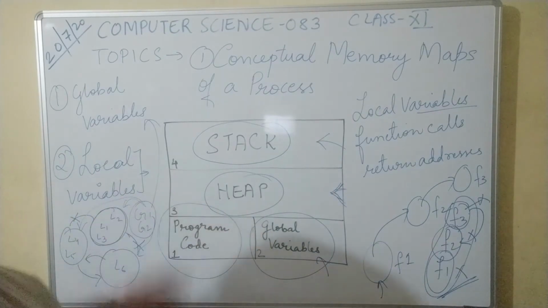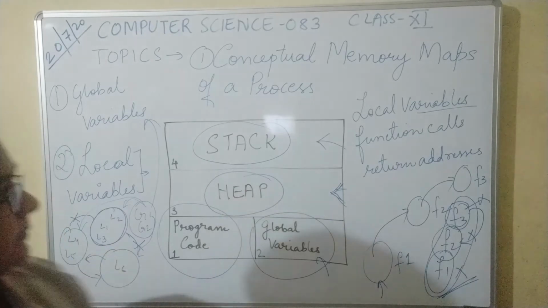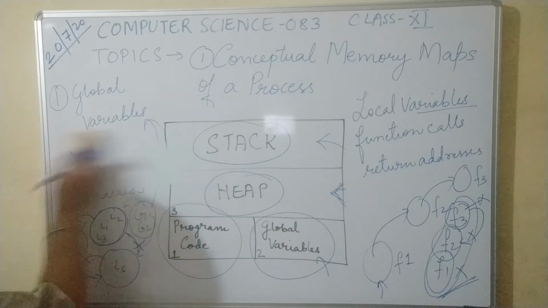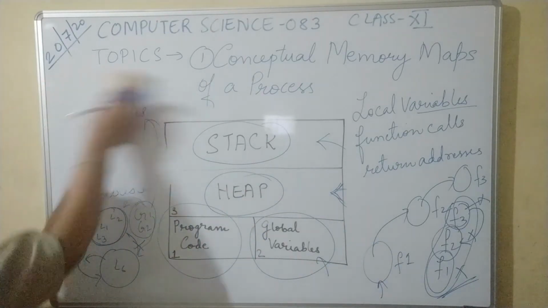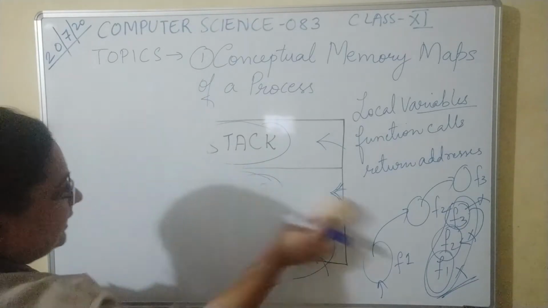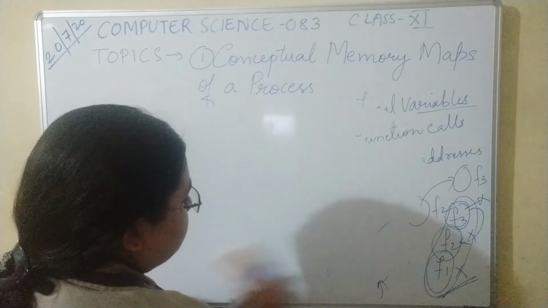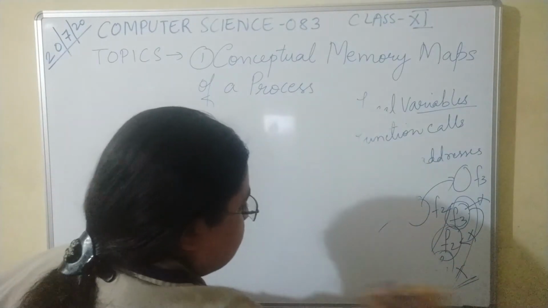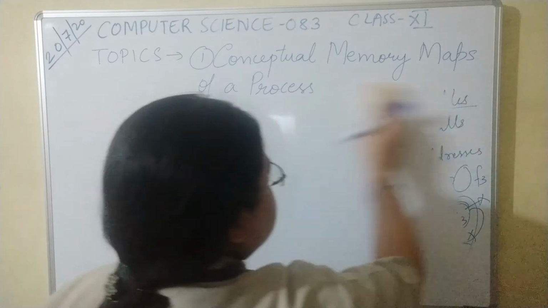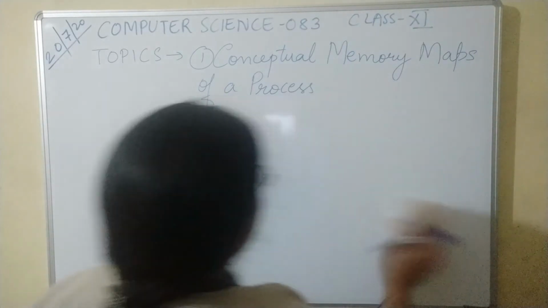So this is the conceptual memory map of a process: how a process is provided resources and how it works, how it is provided space for using, or how it is provided parts of RAM while it is executing. All these things come under the conceptual memory map of a process.